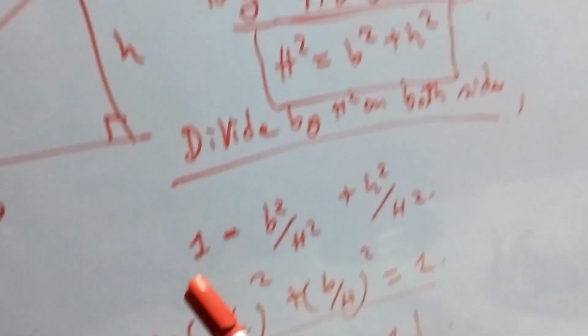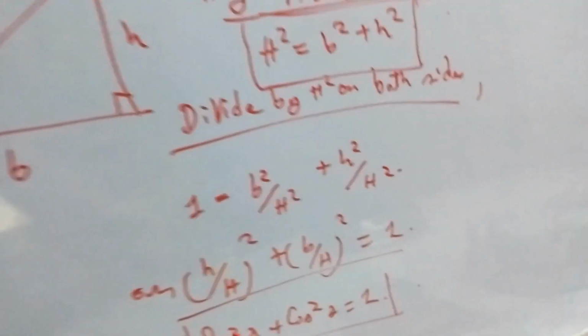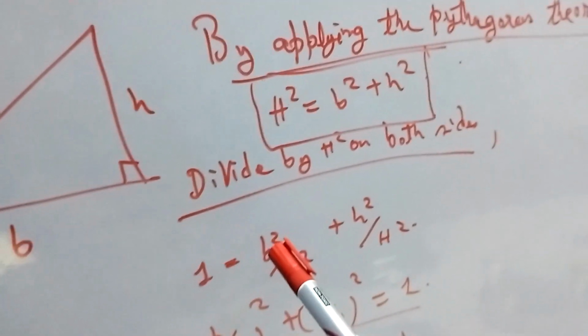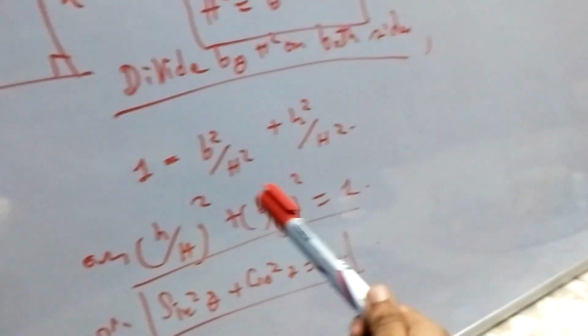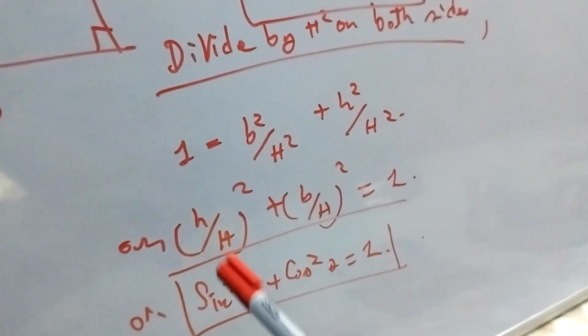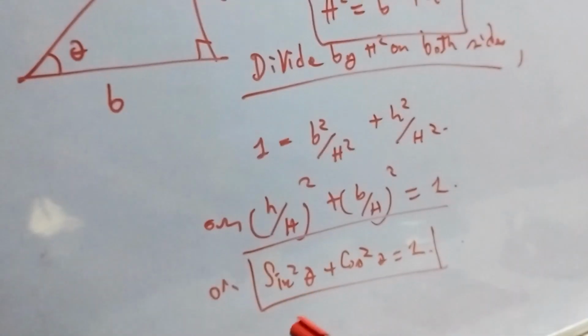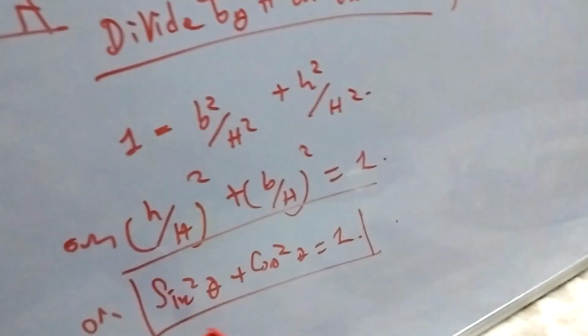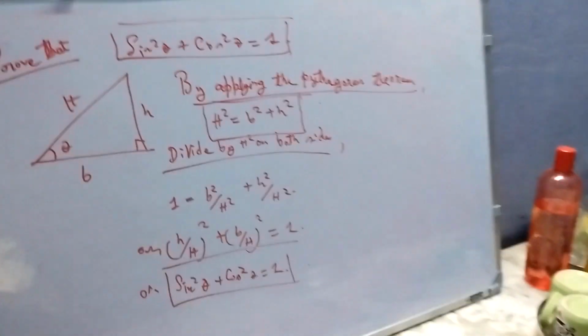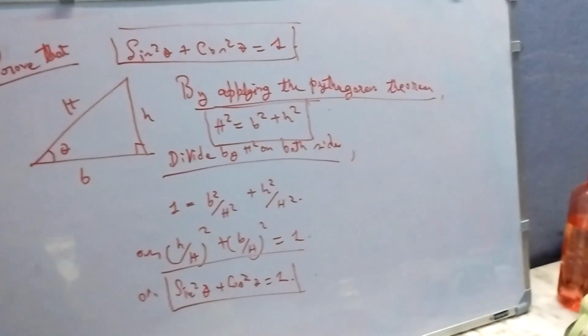What do we get? Here 1, as hypotenuse square by hypotenuse square is 1, base square by hypotenuse square plus height square by hypotenuse square. We are taking this in common and making it whole. Height by hypotenuse, do you remember what it is? Sine theta, and this is cos theta, right? Sine square theta plus cos square theta equal to 1. We proved it.